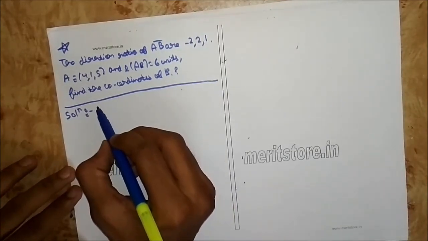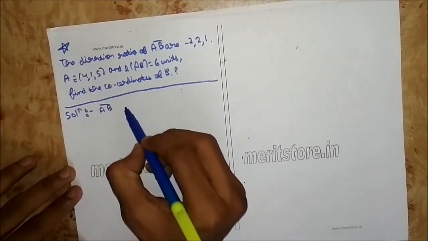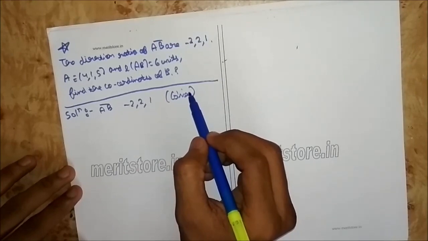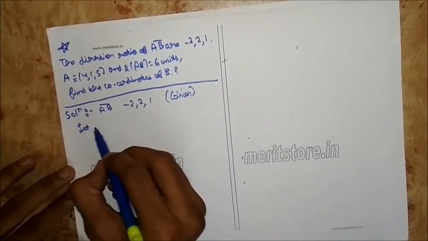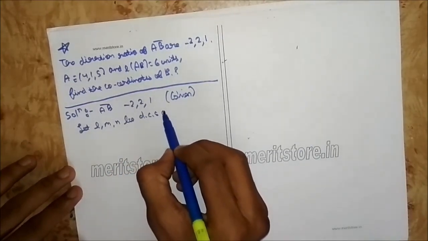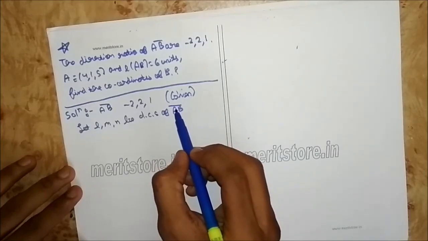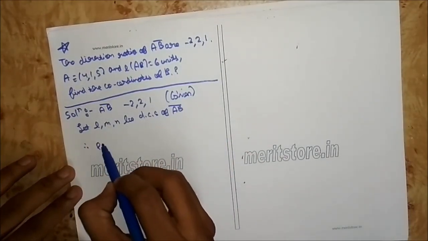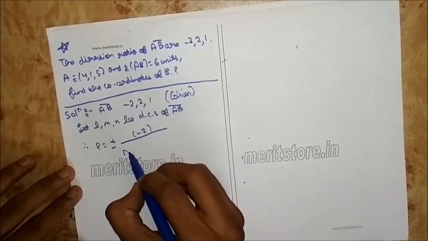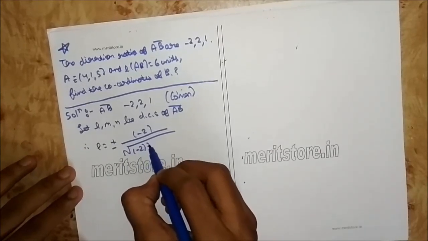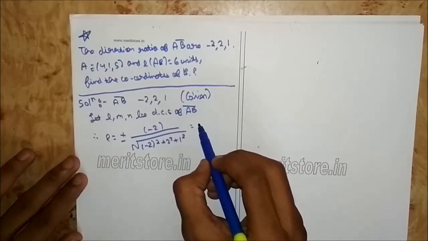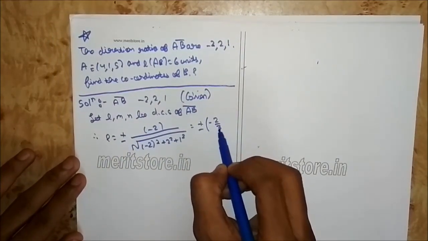The direction ratios of AB are -2, 2, 1, that is given. Now let L, M, N be the directional cosines of AB. Therefore, L is equal to plus or minus 2 upon the square root of (-2) square plus 2 square plus 1 square, which is plus or minus 2 by 3.